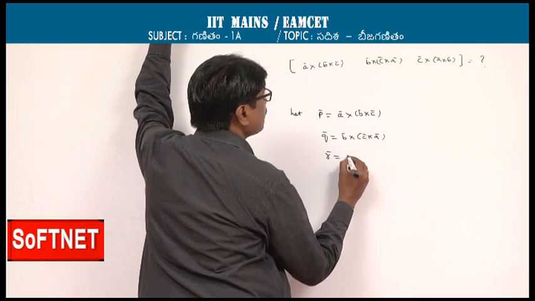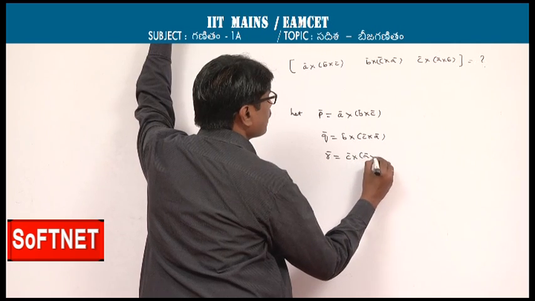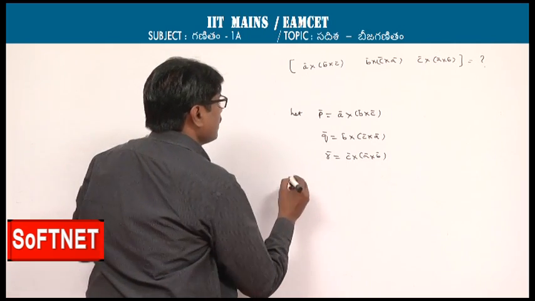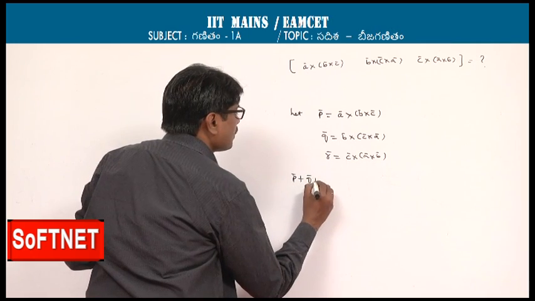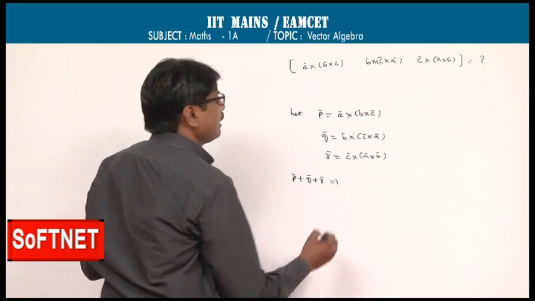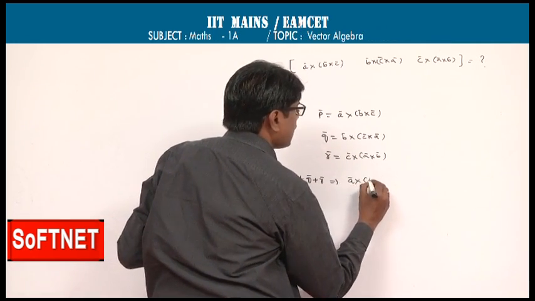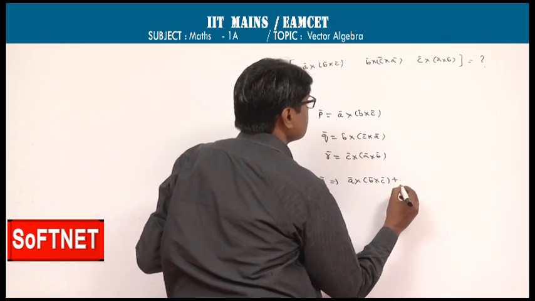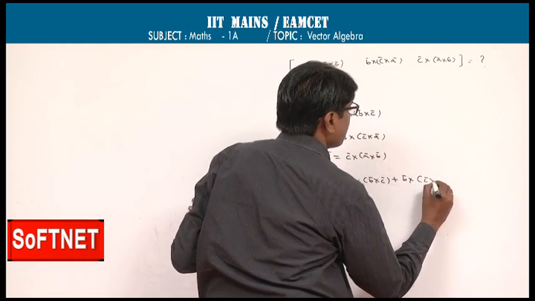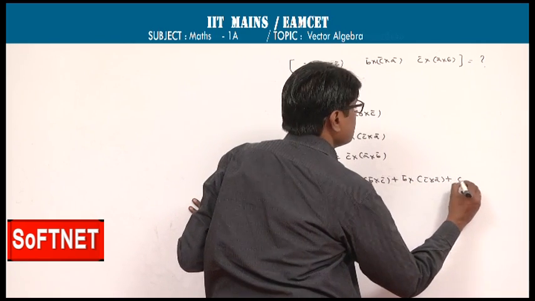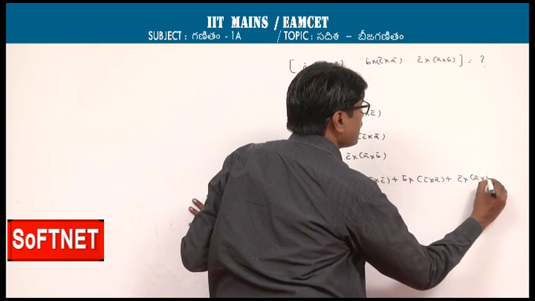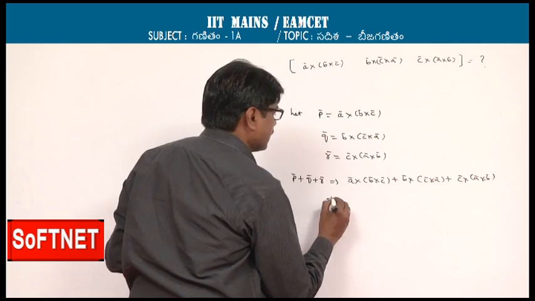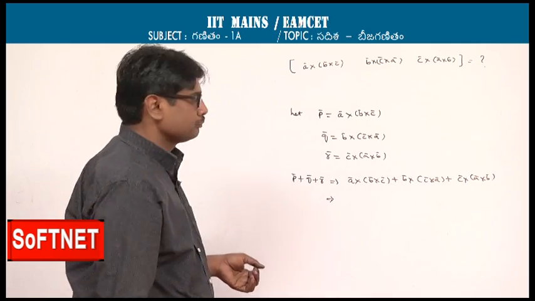R bar is equal to C bar cross A bar cross B bar. Consider P bar plus Q bar plus R bar, that is A bar cross B bar cross C bar plus B bar cross C bar cross A bar plus C bar cross A bar cross B bar. Expand using vector triple product.